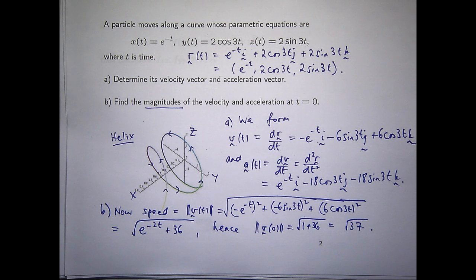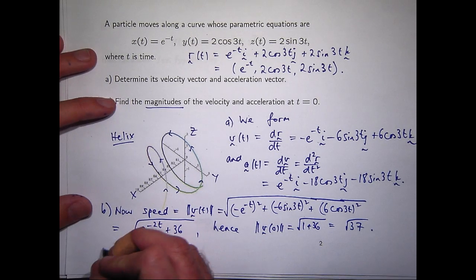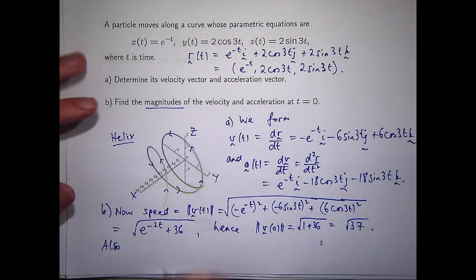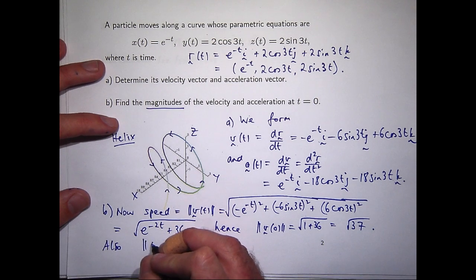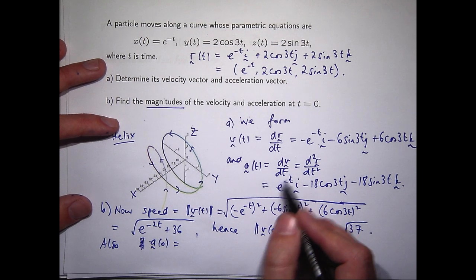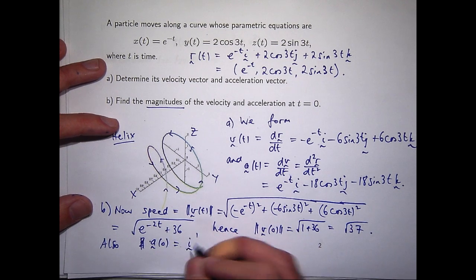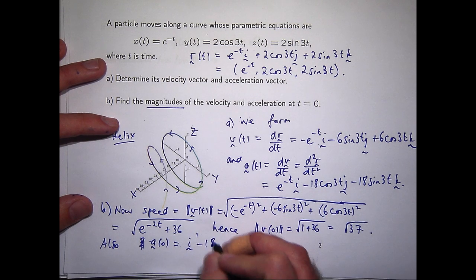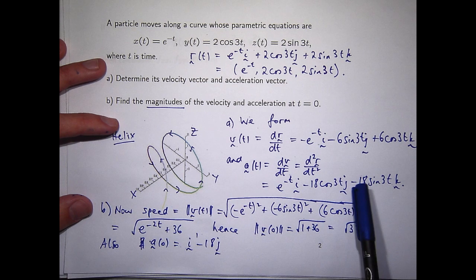Let's do it the other way. I want to calculate the acceleration at t equals 0. So I'm going to go to the acceleration vector, plug in t equals 0 first, and then I'll get the magnitude or the length. Here's just the value of the vector. So e to the 0 is going to be 1. Minus 18 cosine 0 is just going to be minus 18.